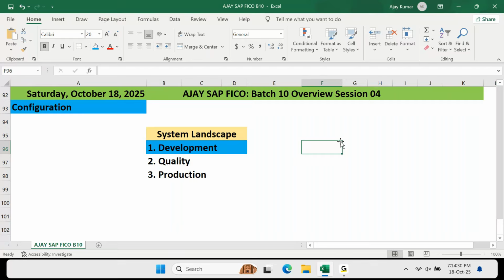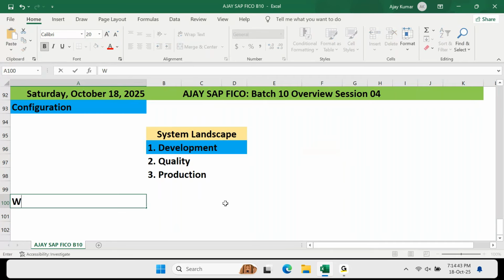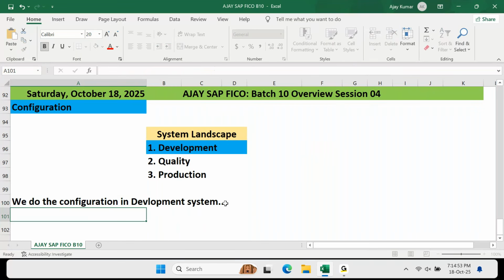Configuration is always maintained in the development system. In short, we do the configuration in the development system. Correct or not? We will do the configuration in the development system.